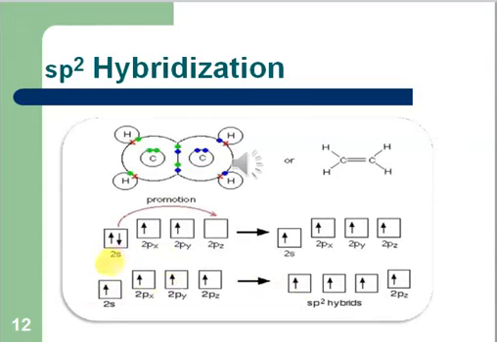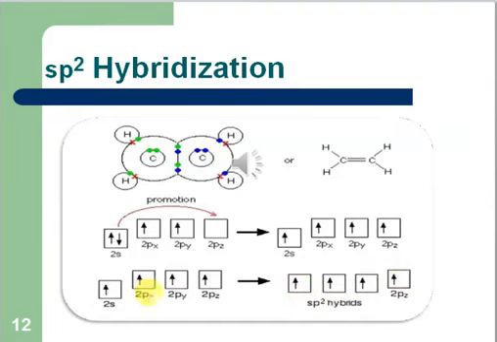Here we are considering this s and these two p orbitals, while this pz orbital is not participating in hybridization. When orbitals mix, we get three sp2 orbitals of lower energy, while the orbital that has not participated in hybridization has slightly higher energy, right? This pz orbital is said to be unhybridized, while these are sp2 hybridized orbitals.